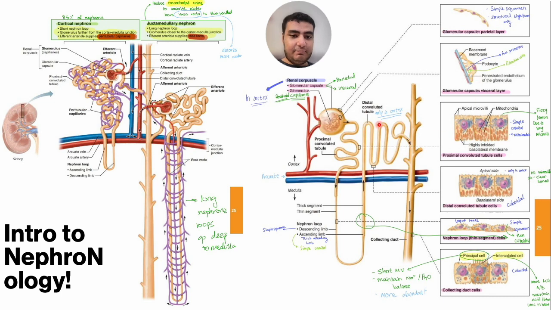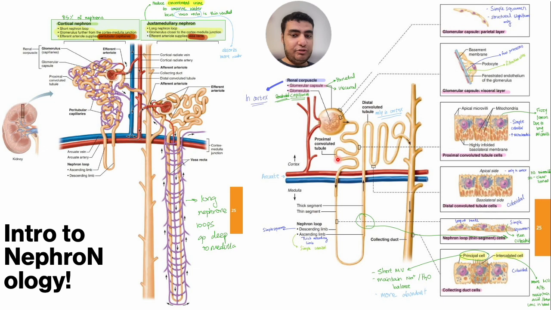Following that, the filtrate goes into the proximal convoluted tubule, which is part of the renal tubules. This proximal convoluted tubule is also a bit specialized because it functions in a lot of reabsorption.